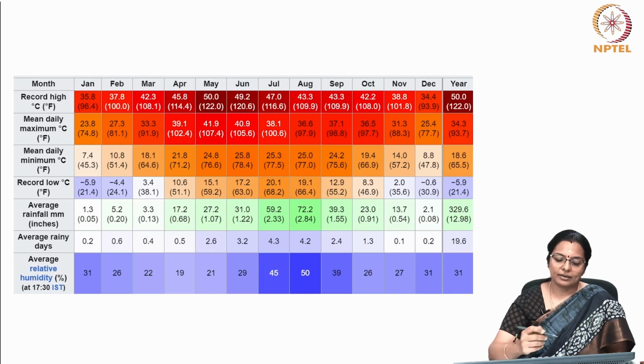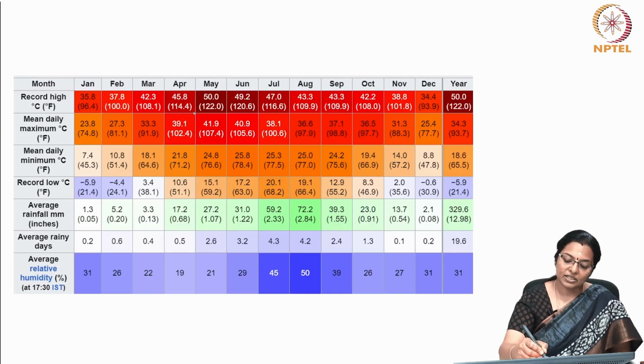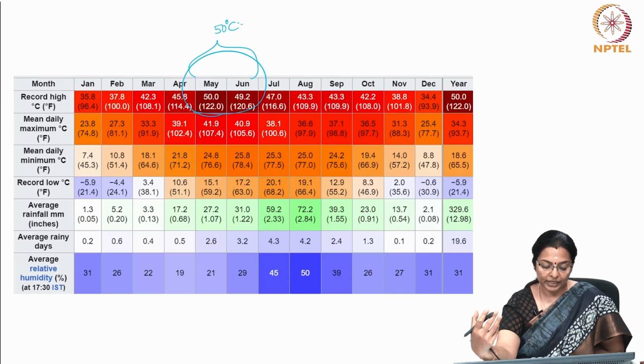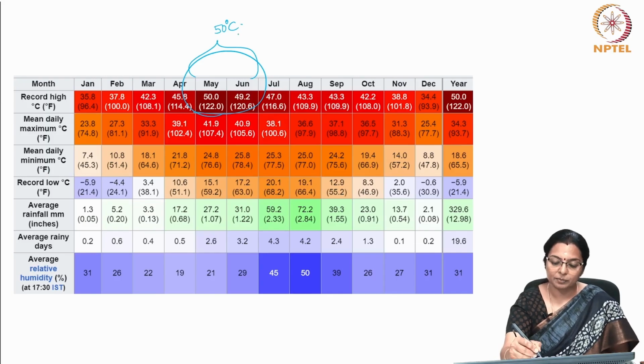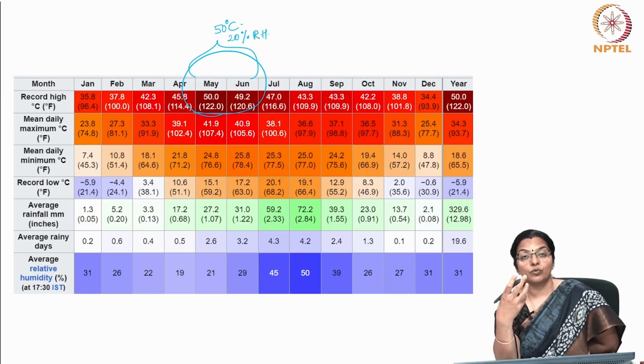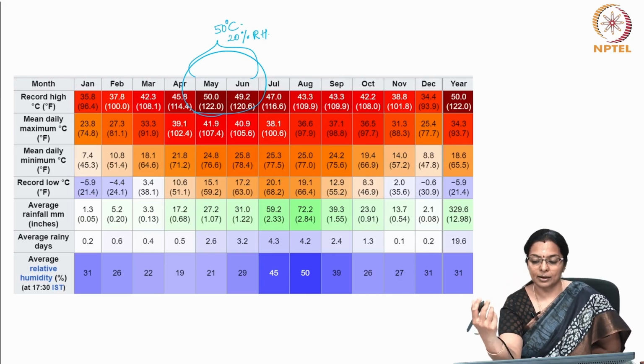If we look at the climate characteristics of a particular year, you can see for some days of the year, the temperature has even touched 50 degrees centigrade, whereas the humidity is so low during this period, about 20% RH. So you can imagine the amount of dryness and the sensation of heat in this area.